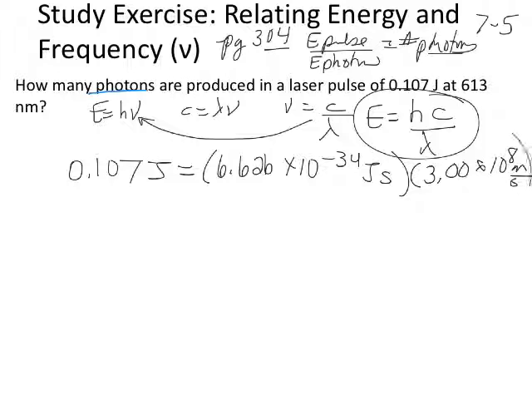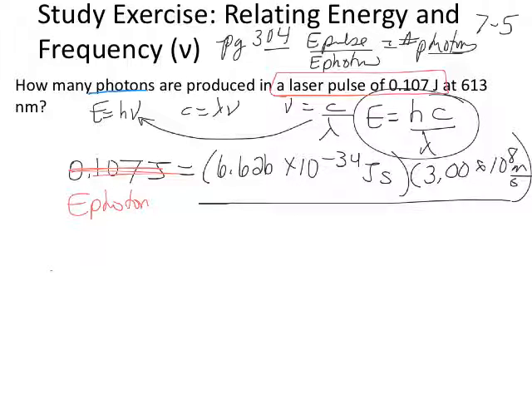meters per second. And then, actually, I'm sorry, you're not going to use that there. We're going to find the energy of the photon. Okay? That's the energy of the pulse. So the energy of the pulse equals 0.107 joules. And so we're going to divide this by our wavelength.